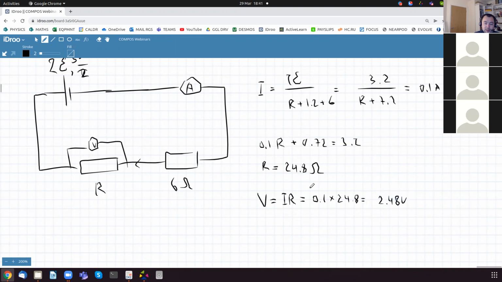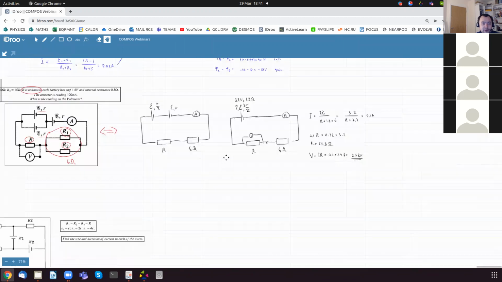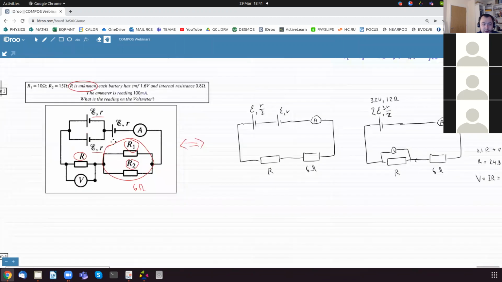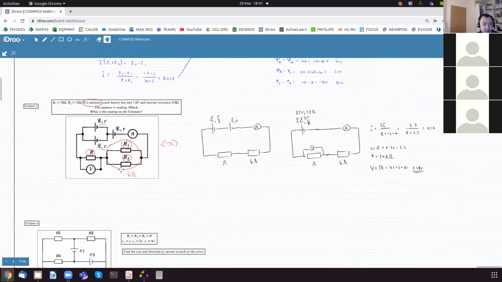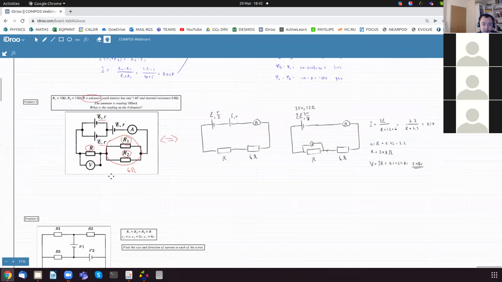2.48 volts. And then a sanity check. Does this answer make sense? Well, it does. So this is 6 ohms. So the total resistance is around 30 ohms. Does that make sense?